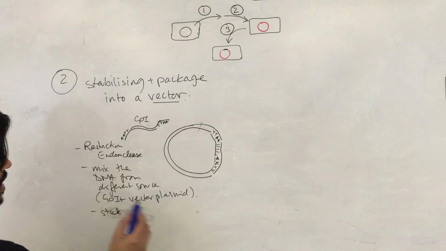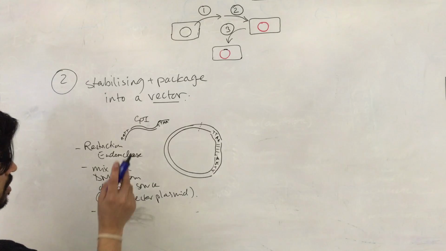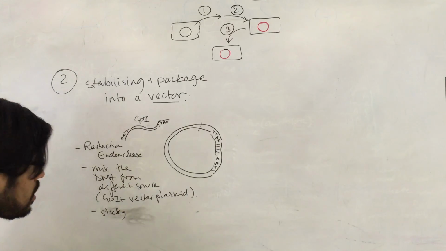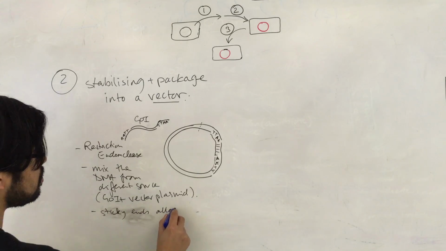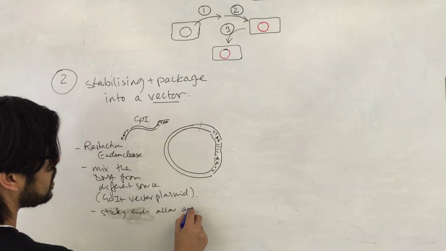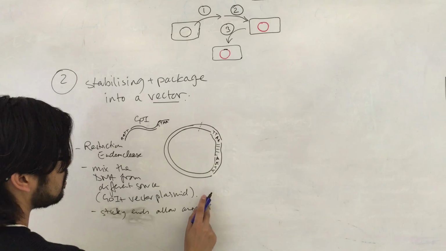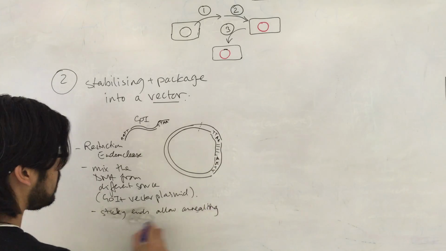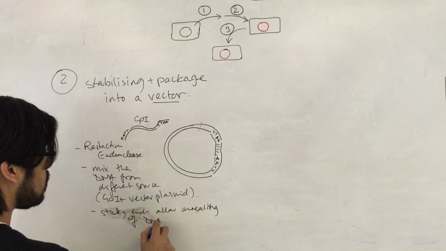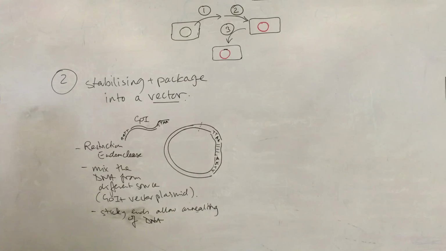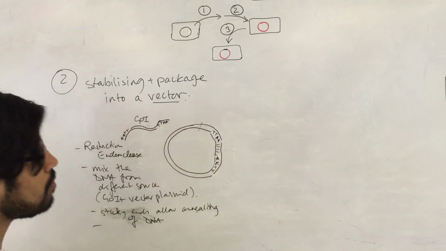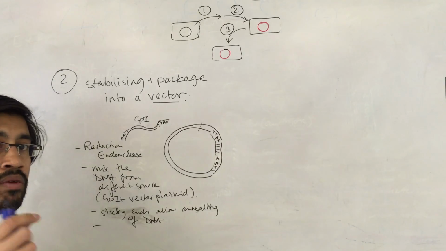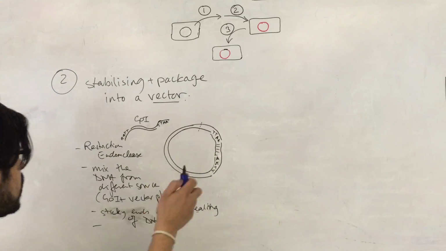Because we've used the same enzyme to treat both fragments of DNA, we have sticky ends that allow annealing of the DNA. And then in order to finally reform a continuous DNA molecule, we add another of our important genetic tools.